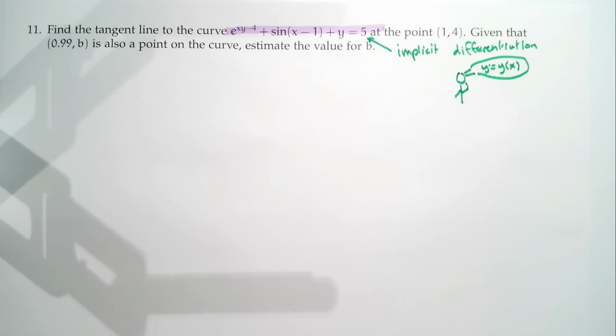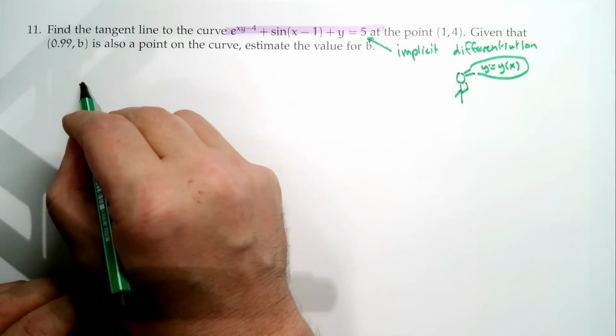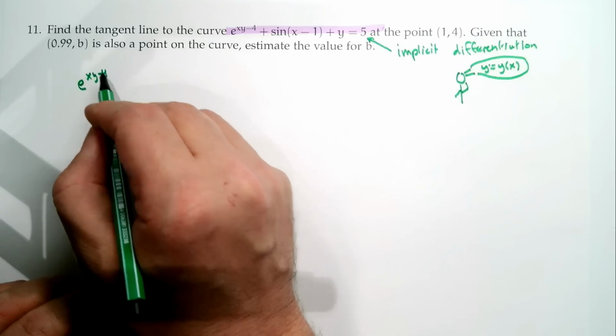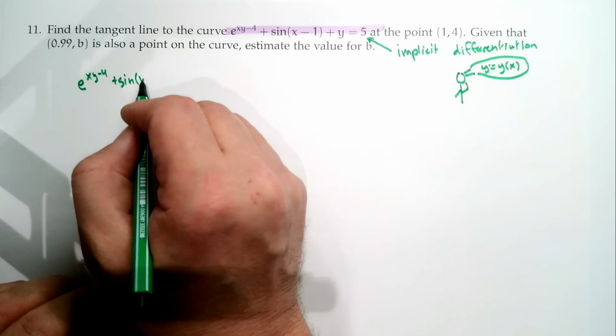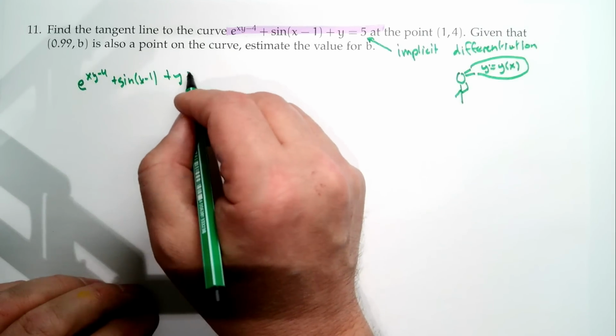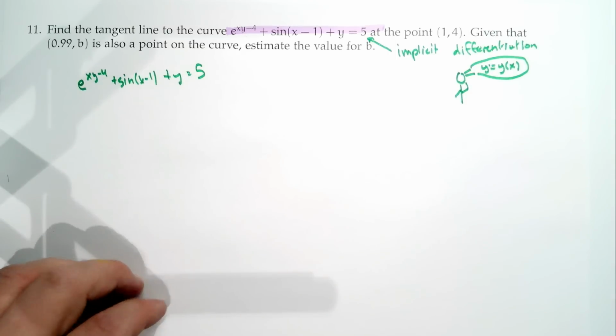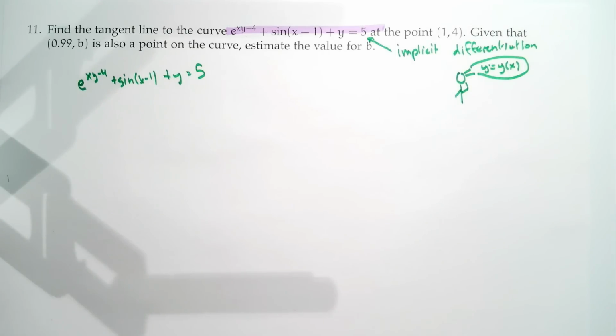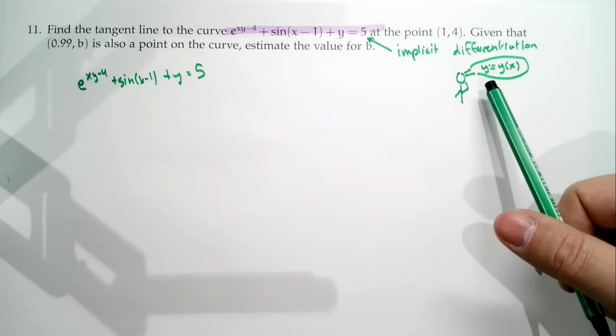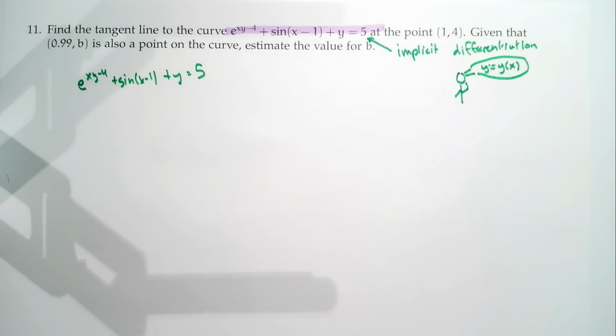And once you remember that, implicit differentiation is like super, super easy. How does it work? Well, you have e to the xy minus 4 plus sine of x minus 1 plus y equals 5. And the procedure is take the derivative of both sides with respect to x. The only thing is, remember that even though you didn't write it down, whenever you think of y, you're going to think of y as a function of x.